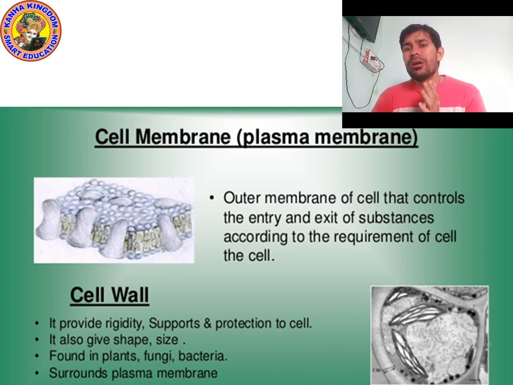Well, the cell wall is the outer layer of the plant cell. It is found just above the cell membrane, on the top of the cell membrane. So what is the function of the cell wall? It works as a protection of the cell.